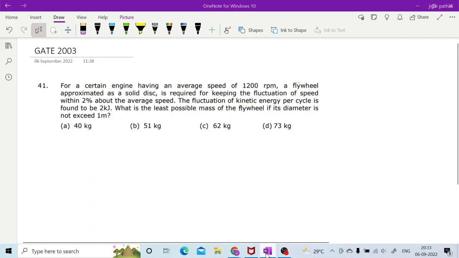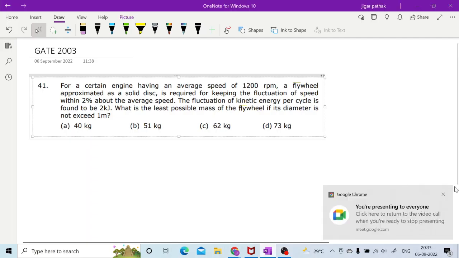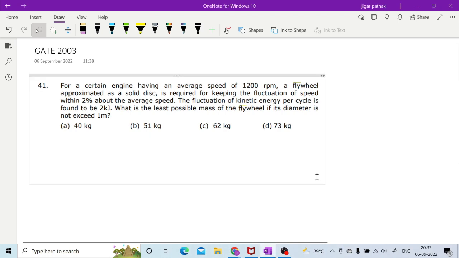Can you see the poll? Yes, sir. Please answer this question. Be careful, right, while interpreting this given data.